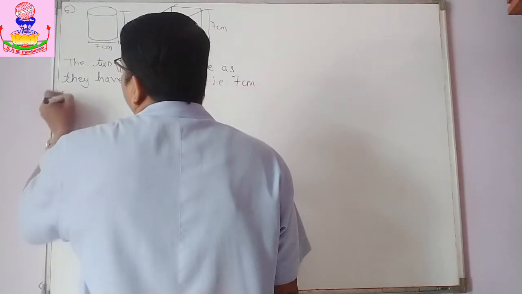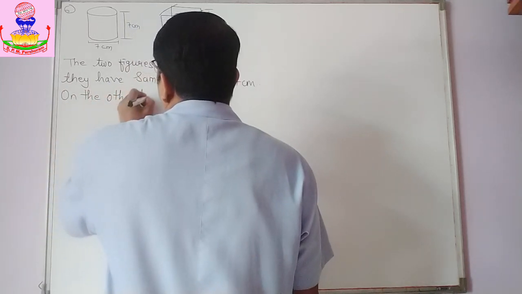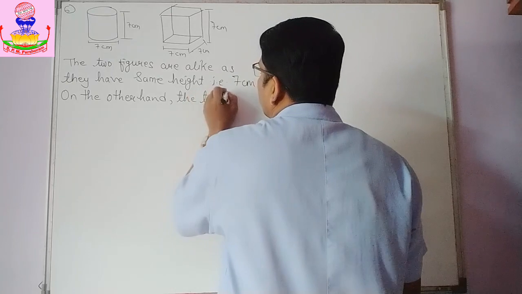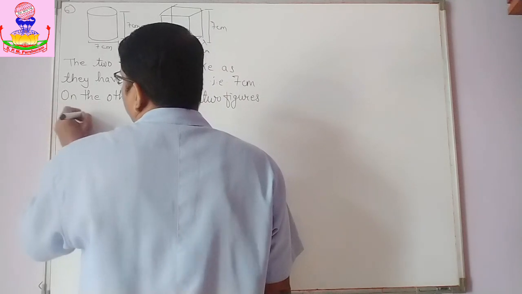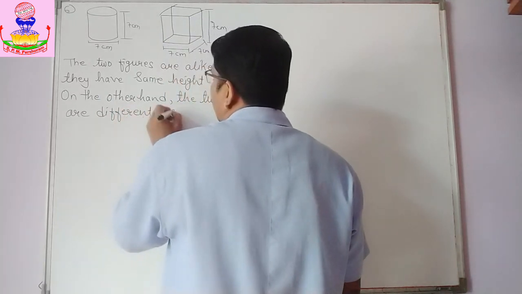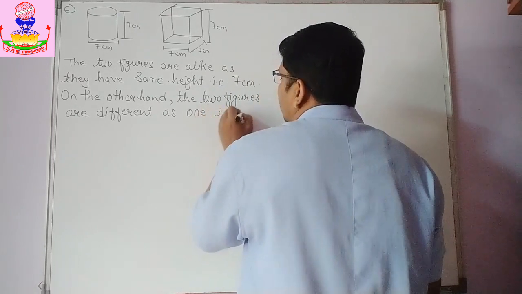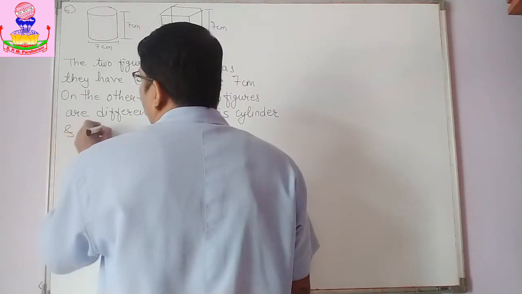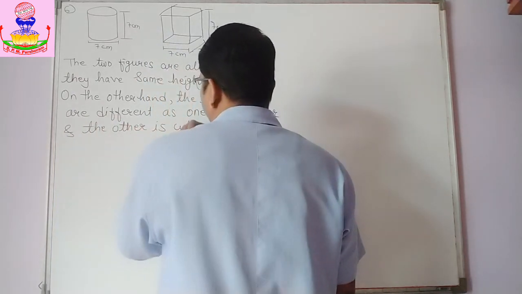The two figures, on the other hand, are different as one is a cylinder and the other is a cube.